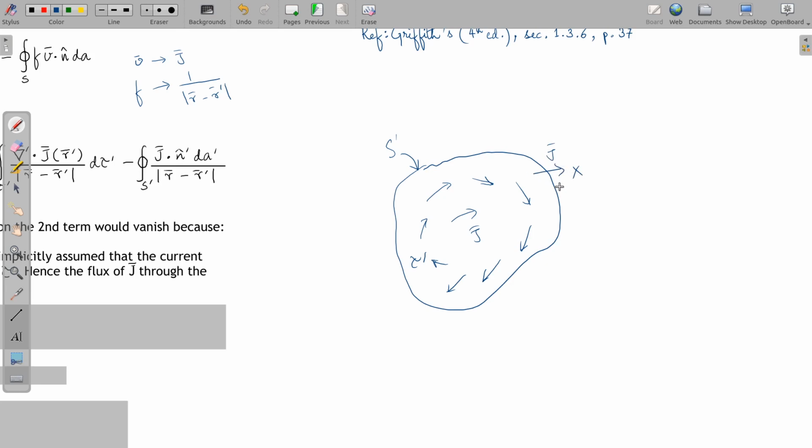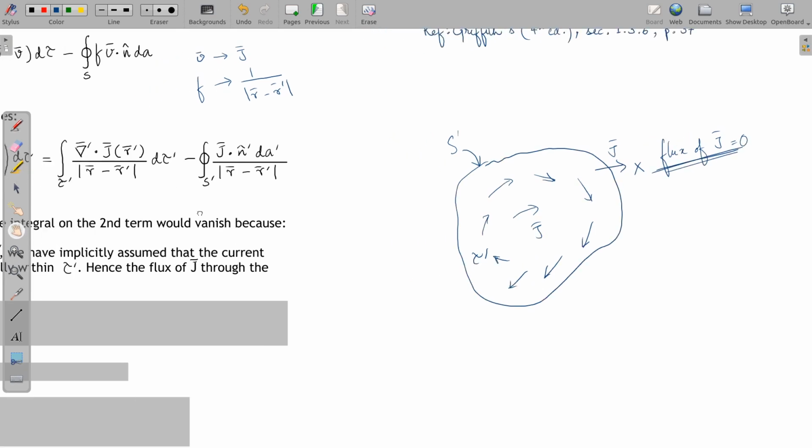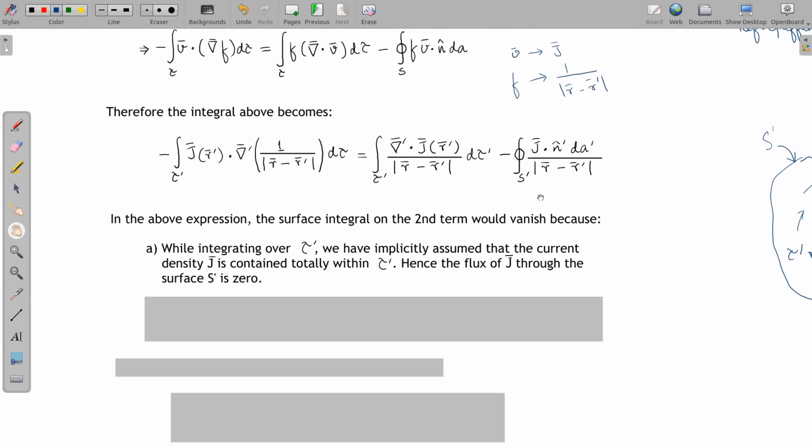If they don't come out of the surface, that means the flux of J is 0, because what is flux? Flux is how much of a vector field is crossing a surface. But we are assuming that J is contained totally inside this volume, so J does not cross the surface anywhere. So the flux of J is 0. Okay, so that's the first reason. Therefore this flux is going to be 0.